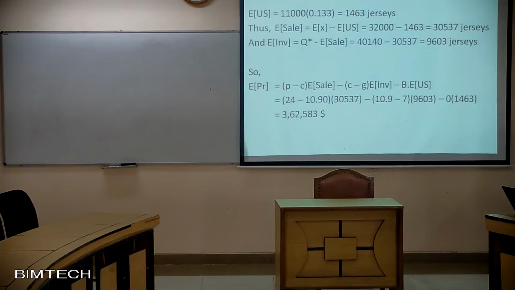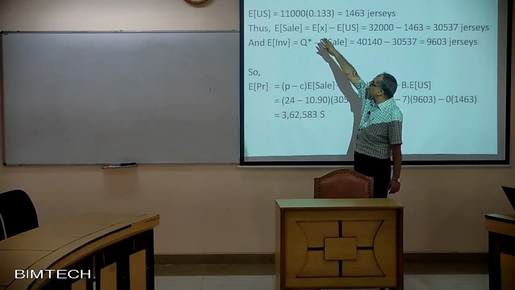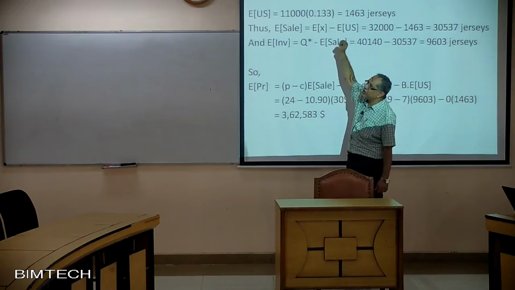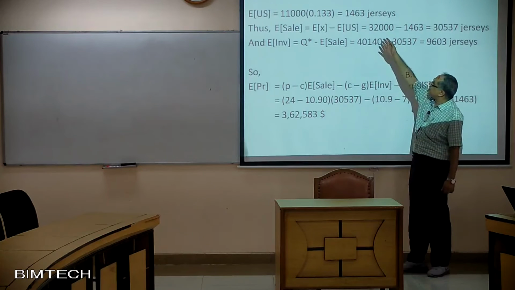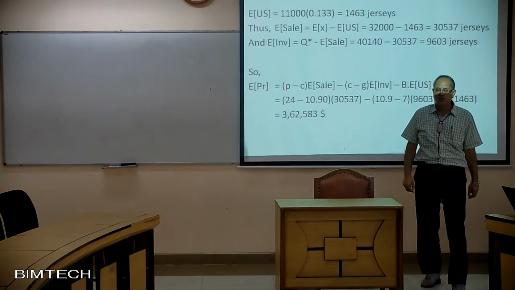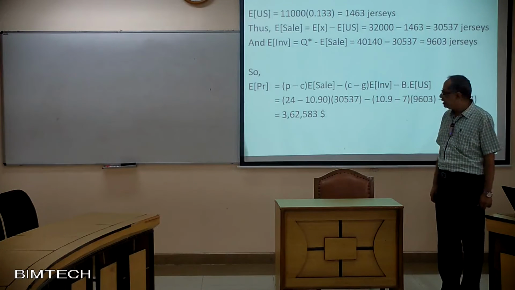So there you are. Expected unit short is equal to 11,000 multiplied by the G(Z) value, 0.133. And this time we find that expected unit short is 1,463 jerseys.